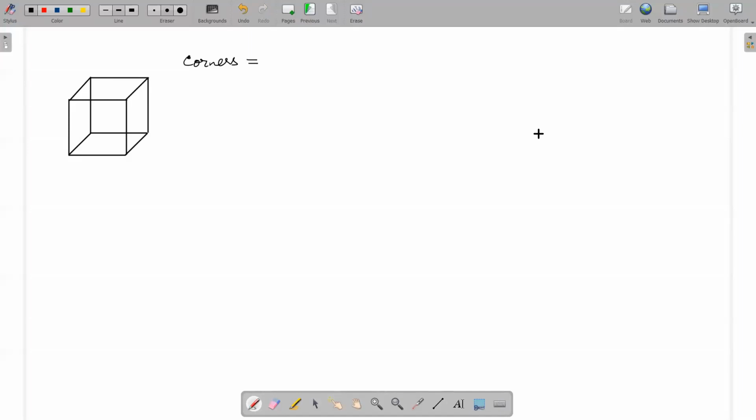Mariam, you have maths. I'm asking corners. What is a corner? Ahmed, can you not spam, please? I have just asked for the corners. Sanya, correct.